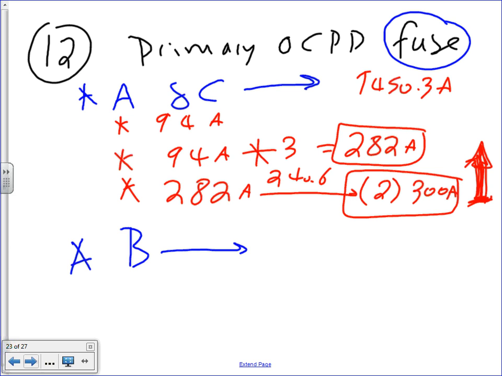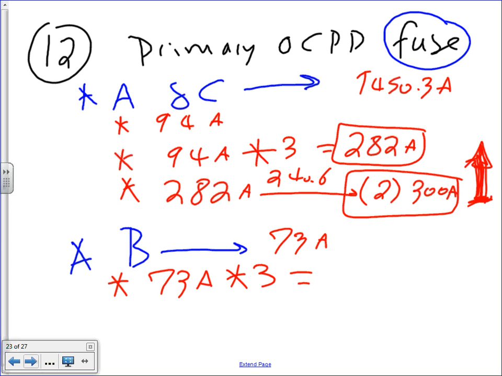Okay, let's go to B. For B, guys, I will remind you that B is only going to see 73 amps, right? Just the phase, the three phase. So take the 73 amps, multiply the same thing by 3.